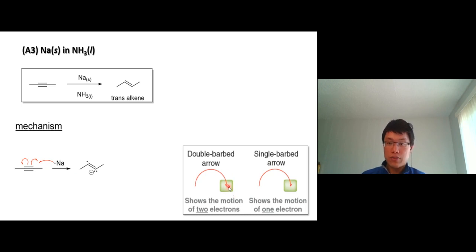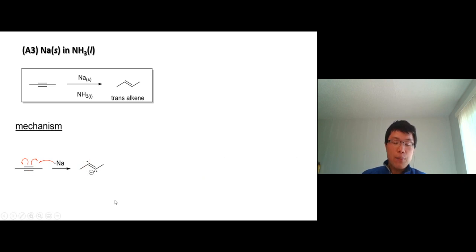That's for two electron transfer. So one electron from sodium, one electron from the pi bond. One electron becomes a lone pair. The other electron of this pi bond becomes just a radical right there. So we have a radical anion.